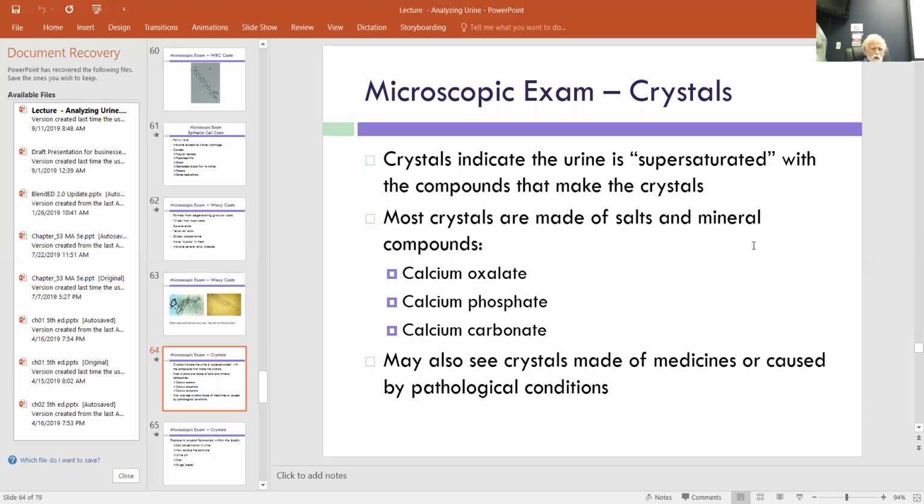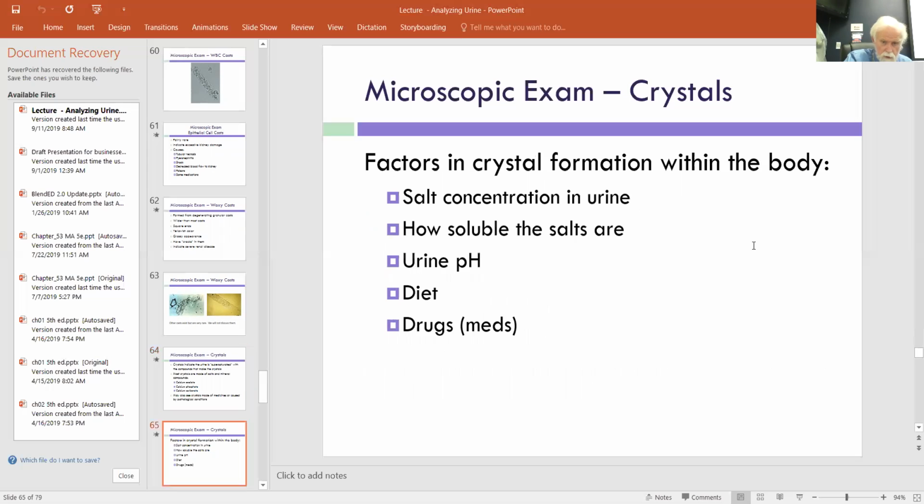So we've got oxalates and carbonates and phosphates of calcium. And some of them can be made up of medicines that are being cleared that are not very soluble themselves, and other conditions that people can have.